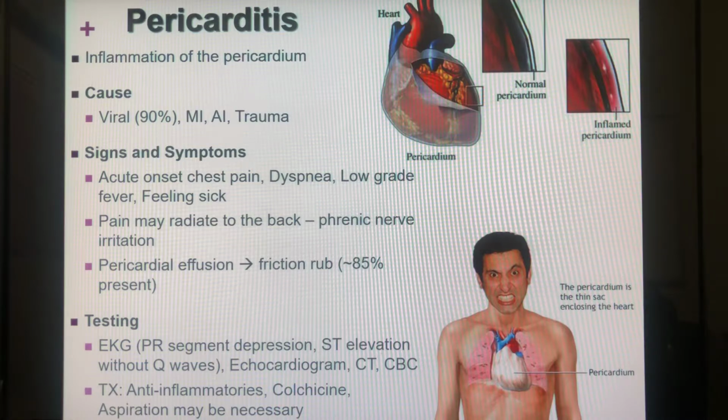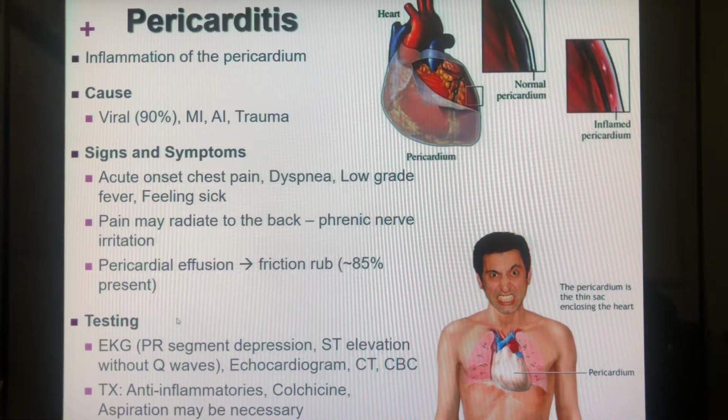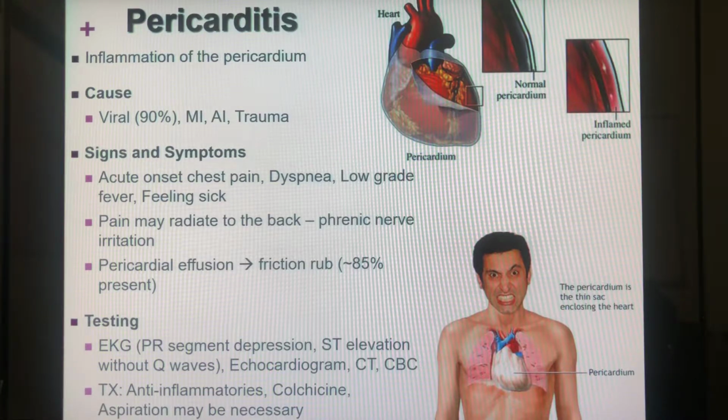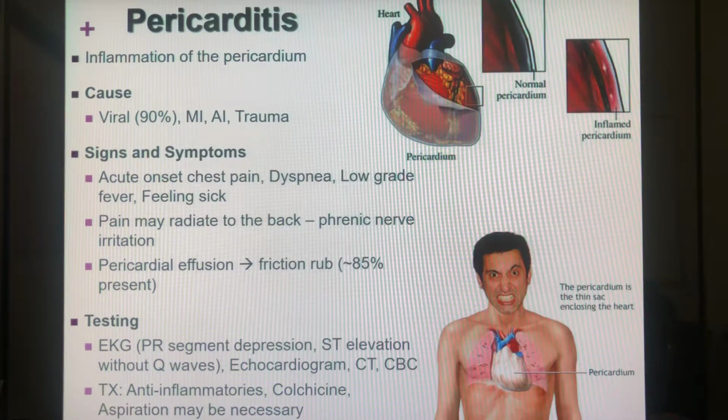Again, it's probably viruses. It's probably not a whole lot you can do about it anyway, but just to make sure, let's do the EKG. Okay, we've looked at some EKGs in this course already, so we're going to add one on here, and that is your pericardial or pericarditis EKG. So what it says here is your PR segment is depressed, your ST is elevated without Q waves, and if you think about that, we saw another EKG where we had ST elevation, didn't we?